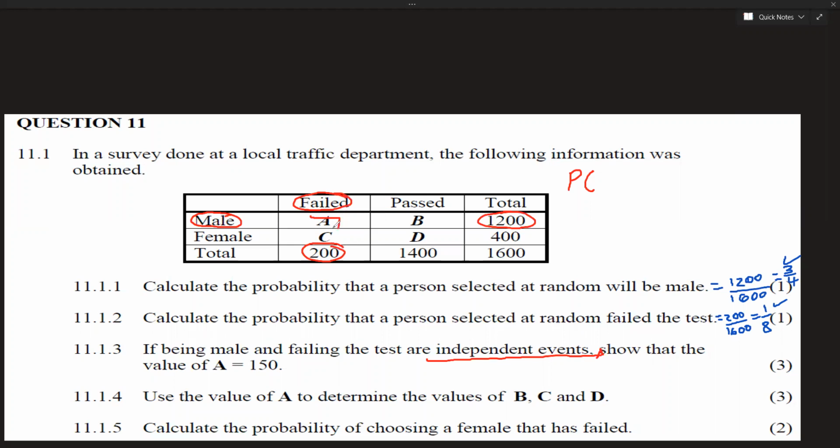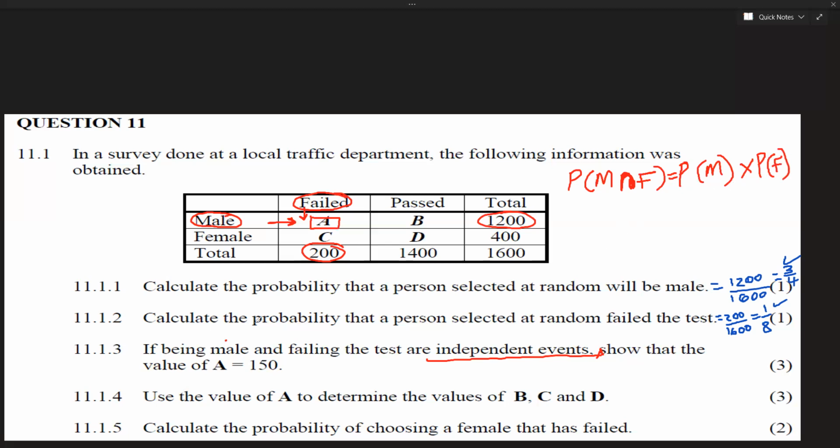This is where they meet. Male and fail meet here. Fail there, sharp. So probability of male and fail, remember this means and, it's another symbol for and, right? Probability of male and fail is the same as probability of male multiplied by probability of fail.